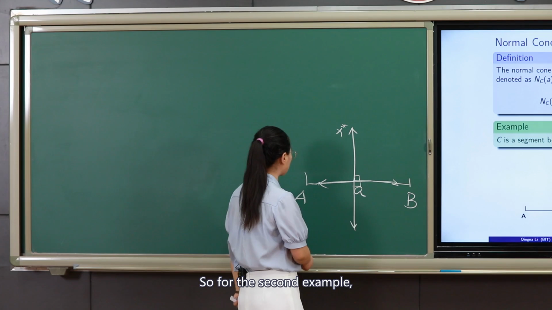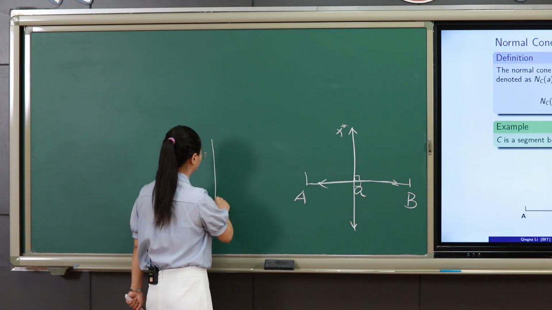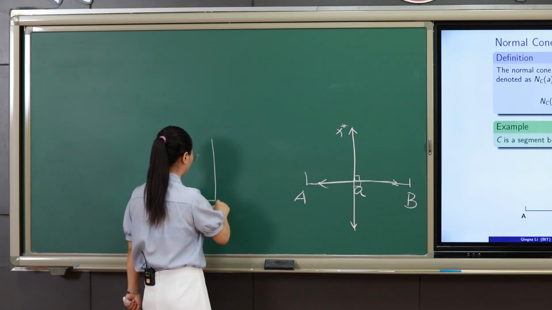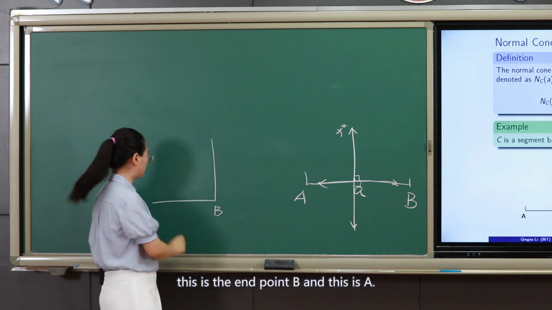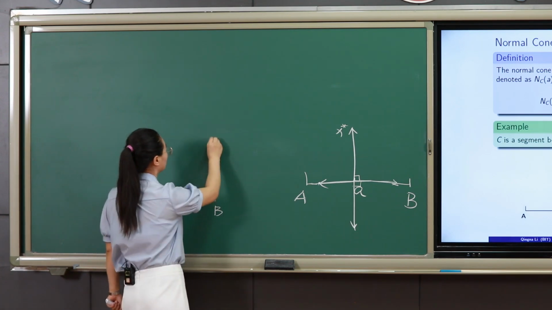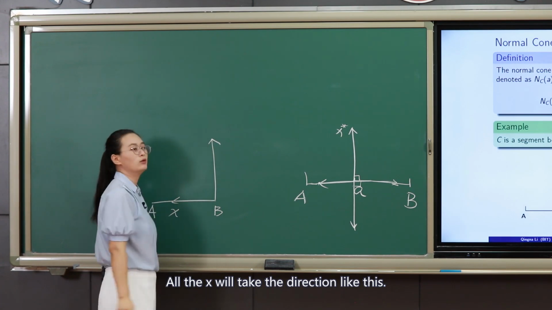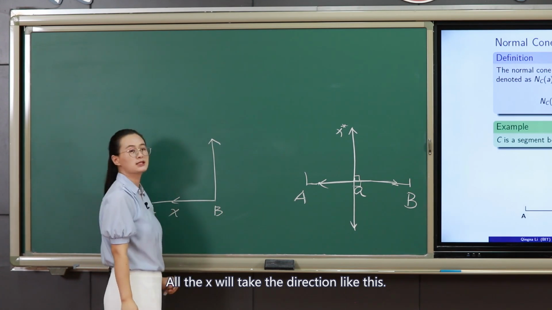So for the second example, this is the endpoint B and this is A. All the x will take the direction like this.